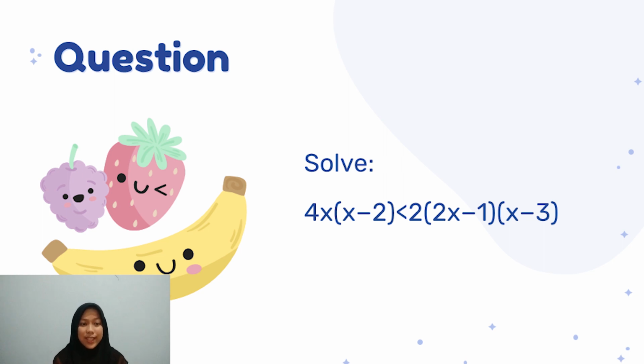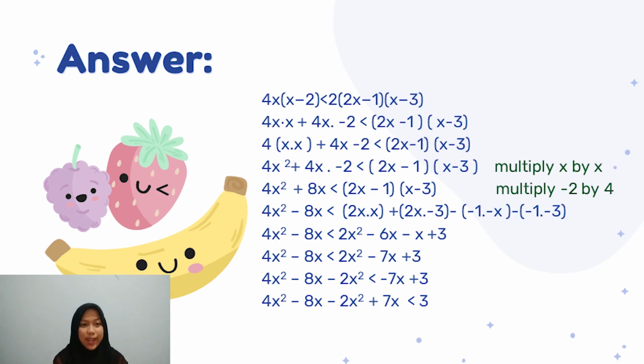My example question is x times x minus 2 is less than 2 times 2x minus 1 times x minus 3. Next step, x squared plus 4x minus 2 is less than 2x minus 1 times x minus 3.